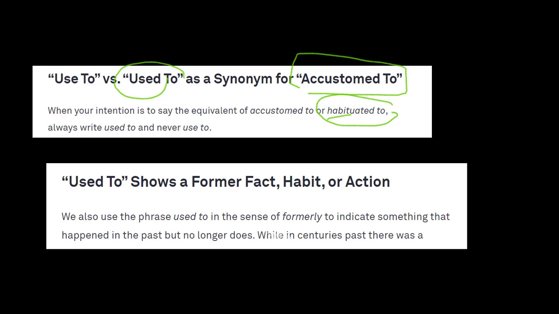It is to show a form of fact, habit, or action, and it indicates something that happened in the past but no longer does. In other words, it was your habit in the past, but it is no longer your habit now or at present. Okay, it's clear, right?